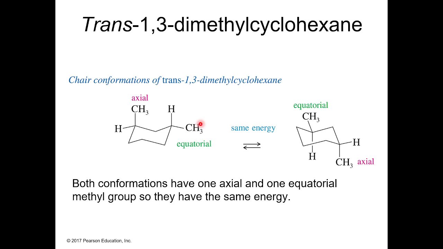That's the 1,3 positions, by the way. You'll end up with axial-equatorial or equatorial-axial. They end up degenerate, don't they? Can you see that? No matter how you change this conformer, you always end up with one equatorial, one axial. So same energies. All right.